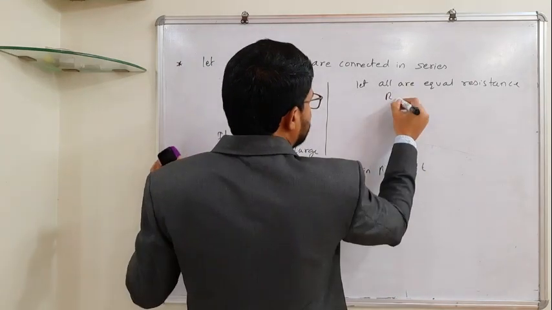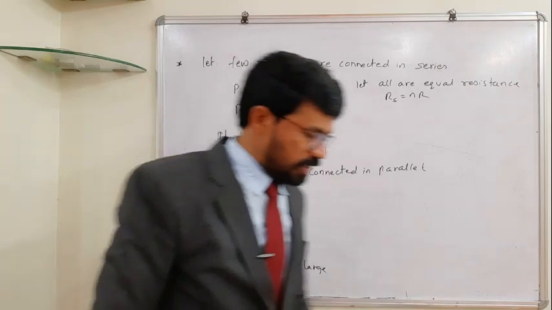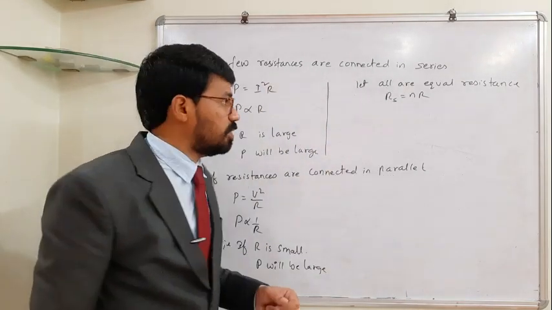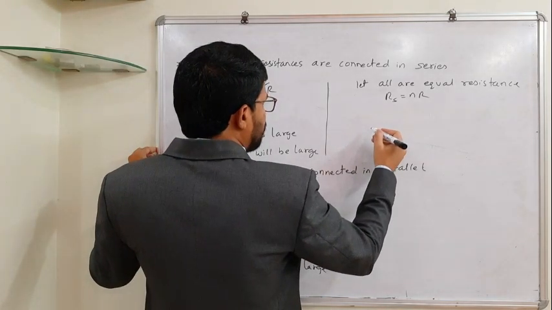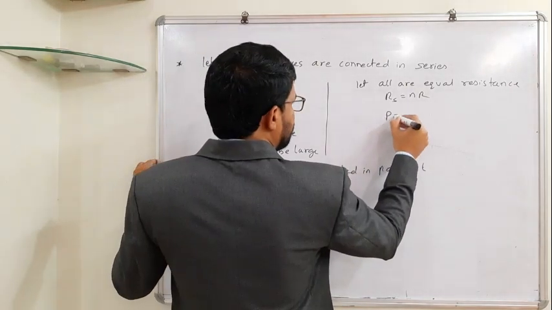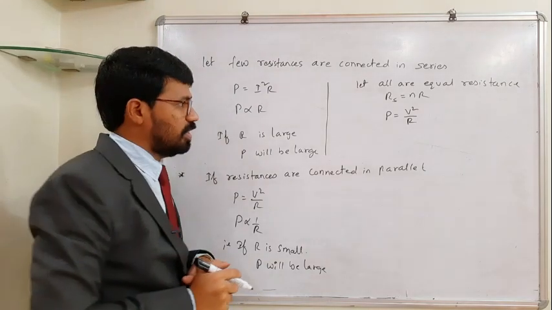You can take it as RS. RS is equal to NR. If N resistances are there, each having resistance equal to R, then the effective resistance of the series combination is equal to NR. Let the total potential drop across all these resistances in series combination be V, then power consumption can be expressed as V square by R.